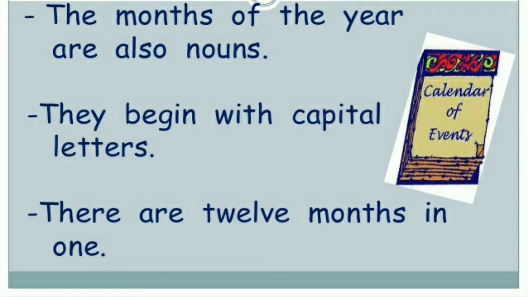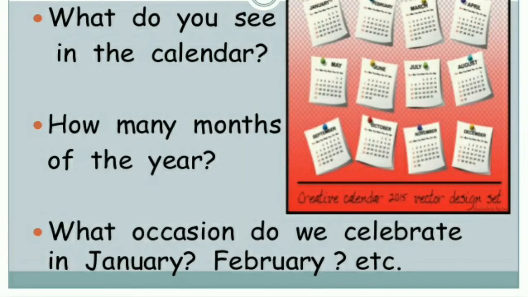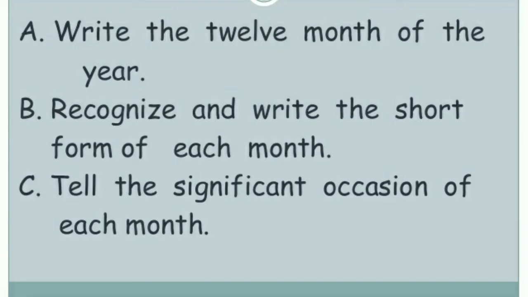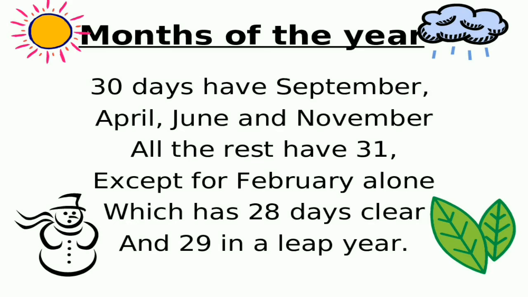So we see here that thirty days have September, April, June, and November.